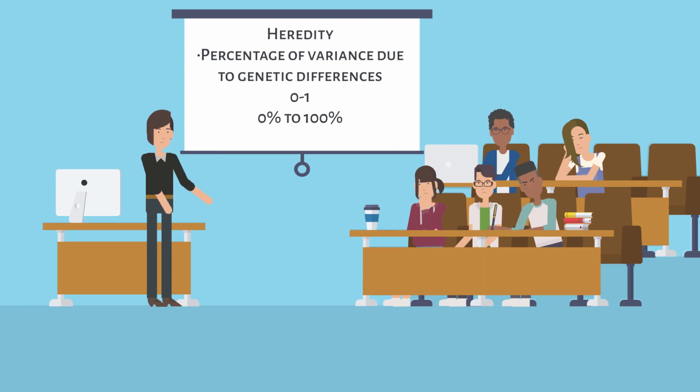And the way people think about differences in this field is you go from 0 to 1, where 0 is 0% and 1 is 100%. So a way to think about it is height is fairly heritable because the different heights that people have is due to a large extent to their genes. But think about the number of legs people have.